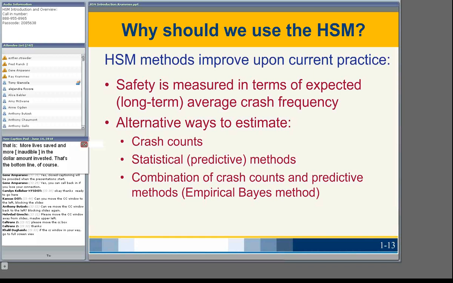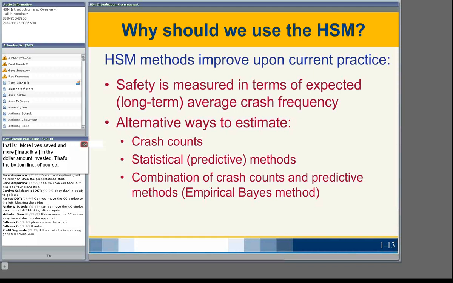In making decisions in which there's uncertainty about the outcomes that result from our different choices, we should make decisions based upon expected values. There's certainly a lot of variability in the number of crashes that occur at a particular road facility.